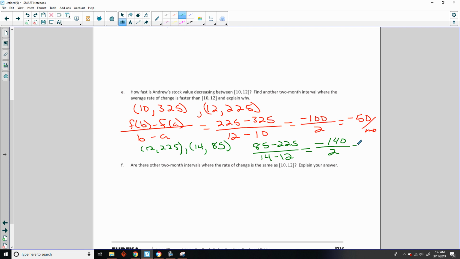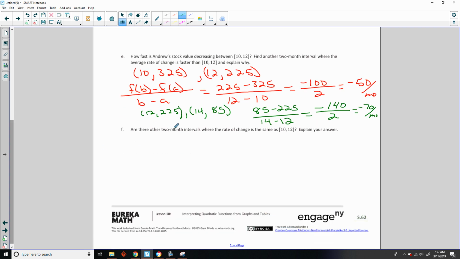Divided by 2, which equals negative $70,000 per month. Okay, so in the interval between the 12th and the 14th month, the rate of his loss was more. He lost $20,000 per month more between the 12th and 14th month.